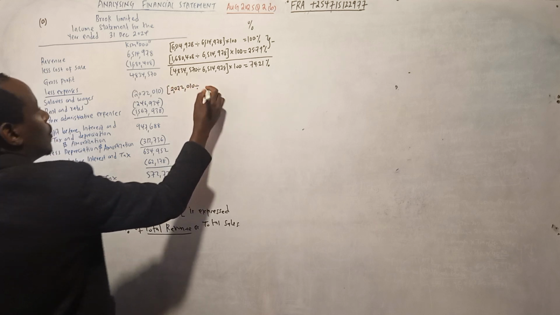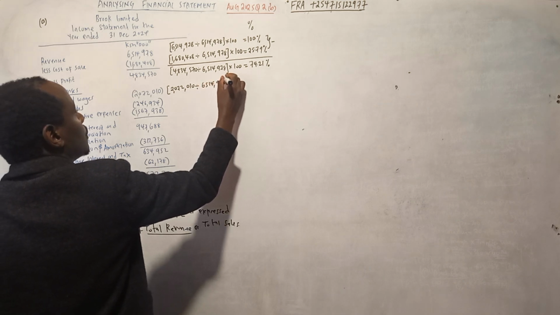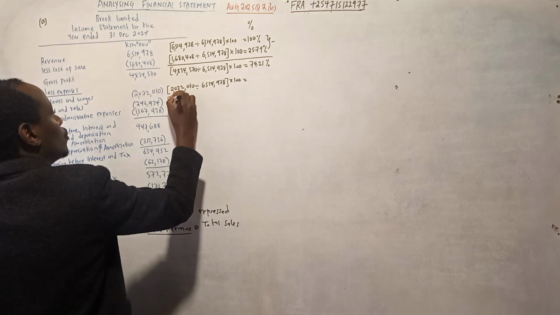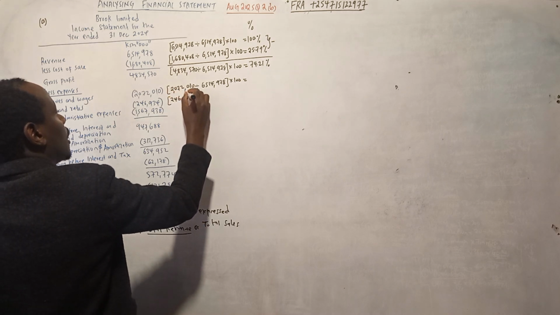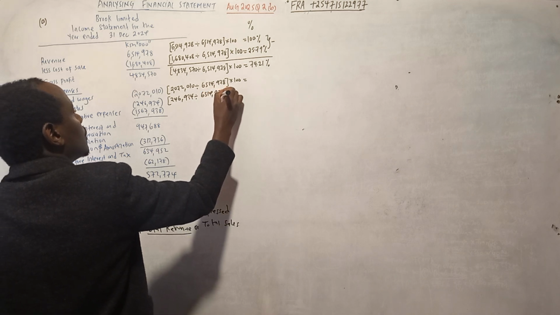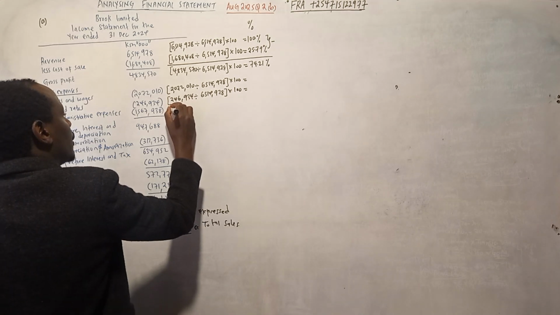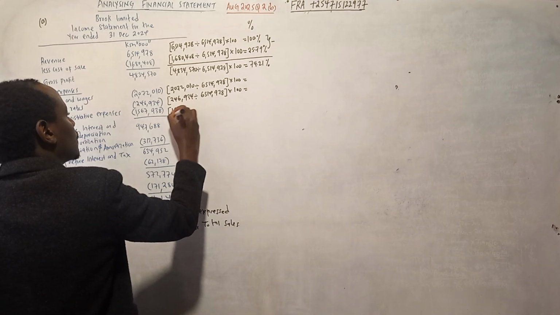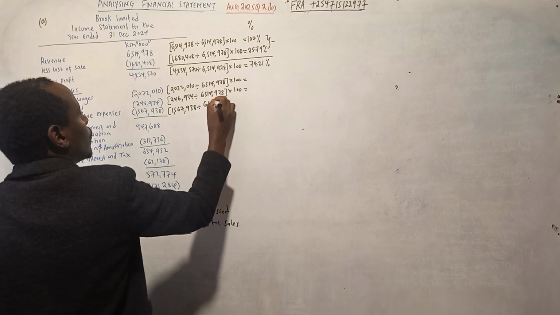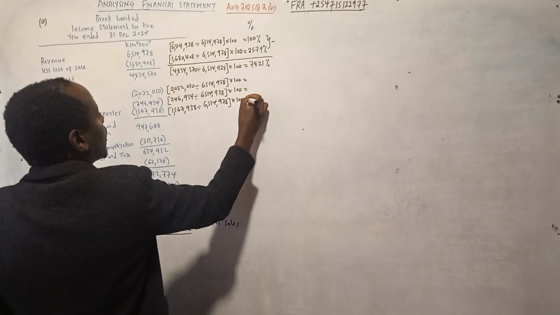2,072,010 divided by 6,514,978 times 100. 246,934 divided by 6,514,978 times 100. Then 1,567,938 divided by 6,514,978 times 100.